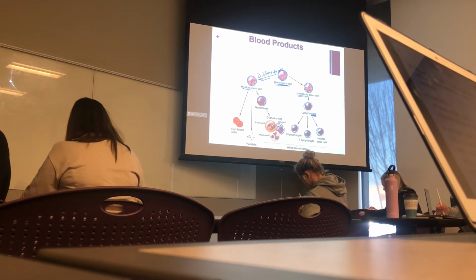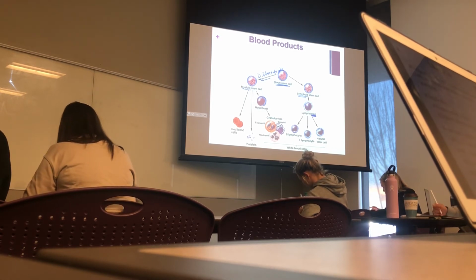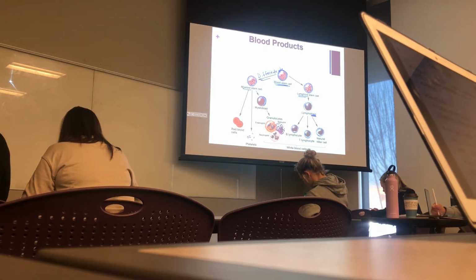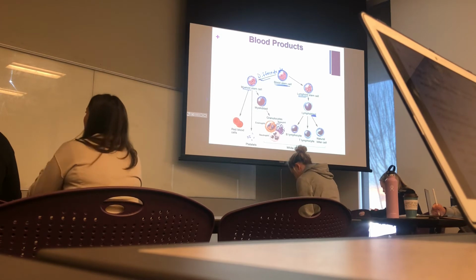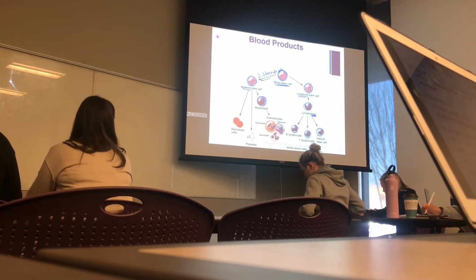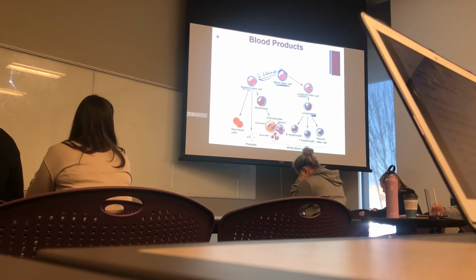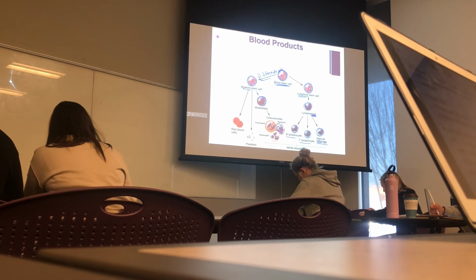Remember that from your whole osteo thing way back in the day? This is the same thing here, as in the lymphoblast is kind of like a little stem cell. It's very well differentiated, meaning it's a lot more specific. It can only do lymph stuff or white blood cells and build those. It's either going to build your B lymphocytes, T lymphocytes, or natural killer cells. That's the only options from a lymphoblast, okay?